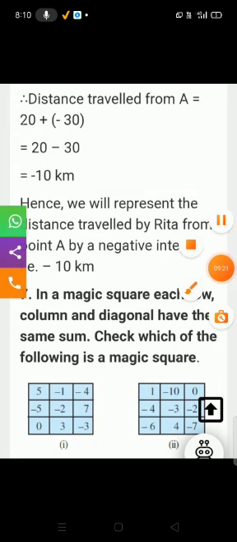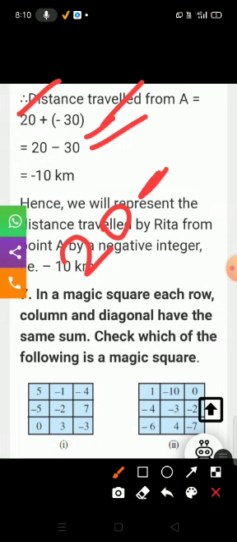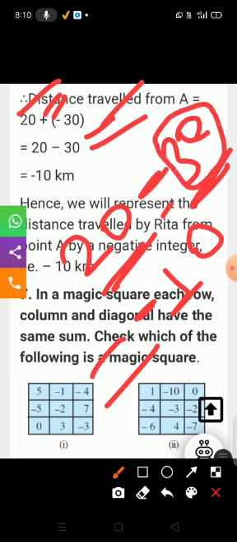Okay, 20 plus 30. 20 is positive and 30 is minus. So we already know that plus and minus means 20 minus 30. 20 minus 30 is not possible, so we have to do 30 minus 20, but we have to put the sign minus, because 30 is the bigger number. 30 minus 20 means the answer is 10, but which sign is in front of 30?